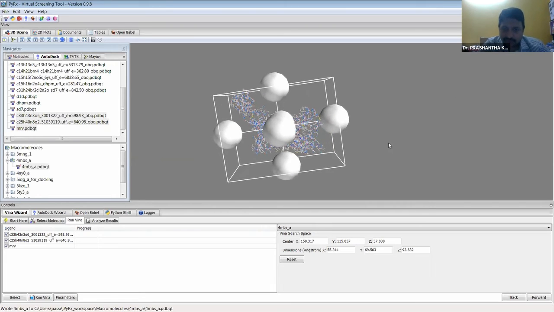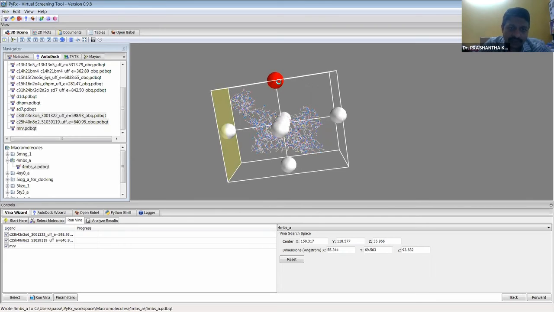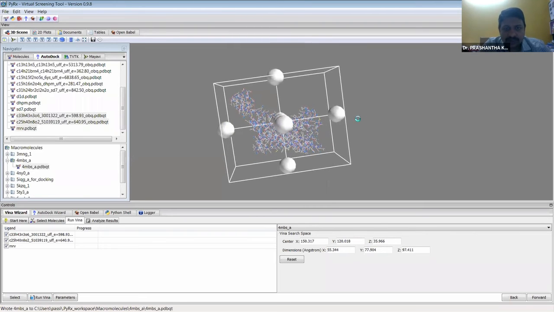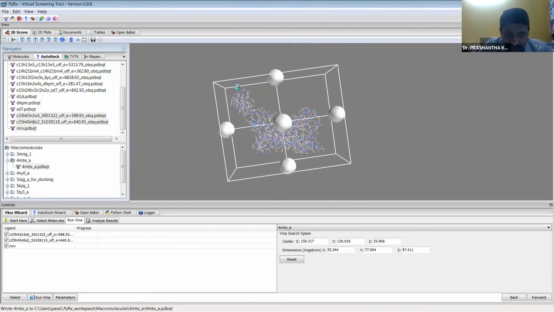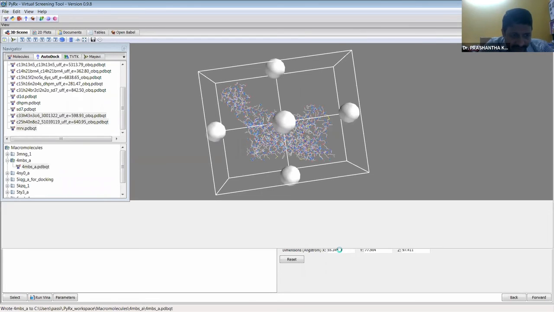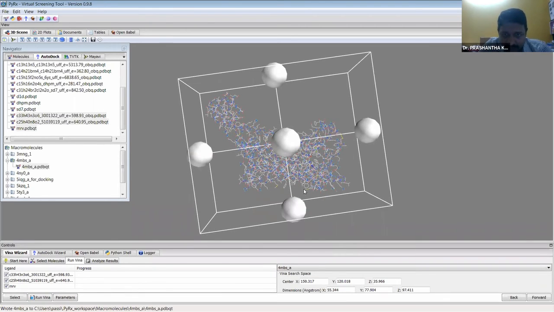Now, there are 2 types of docking that will be done. One is called blind docking, and another one is specific docking. Now, blind docking refers to, this is the grid box. Now what is the role of this grid box? The role of the grid box is, this tells the ligand the grid box dimensions.